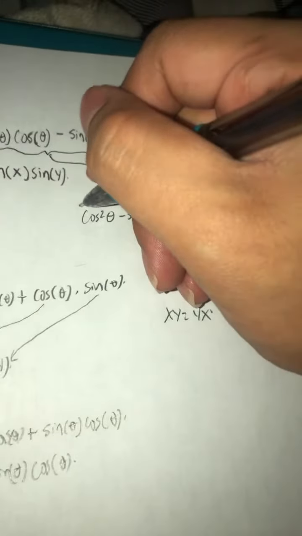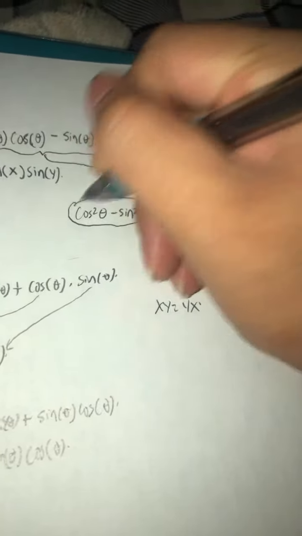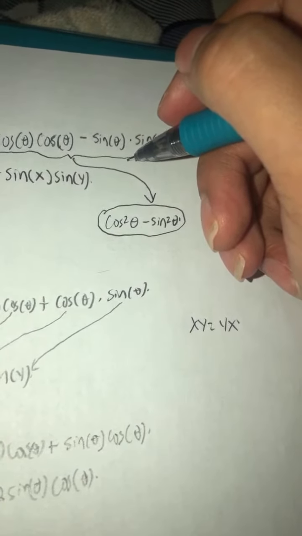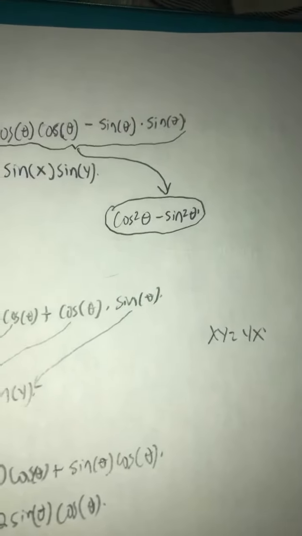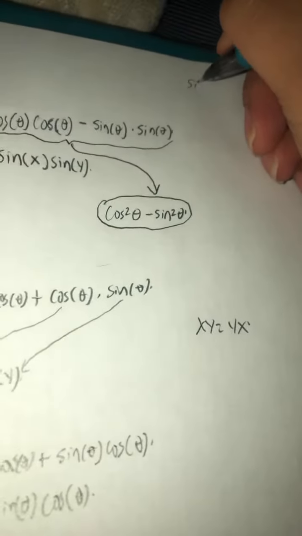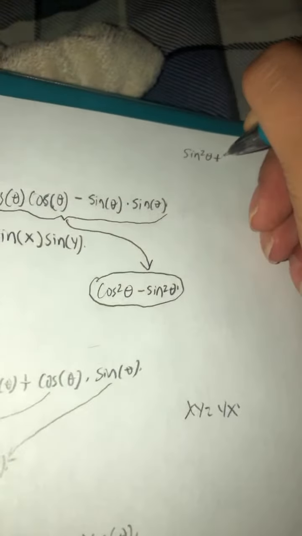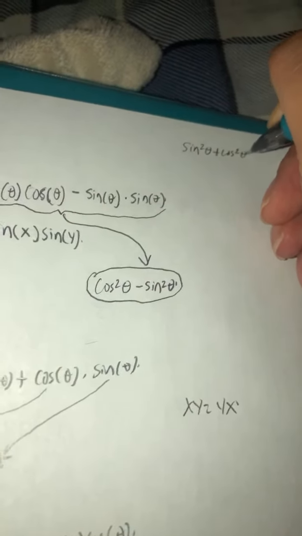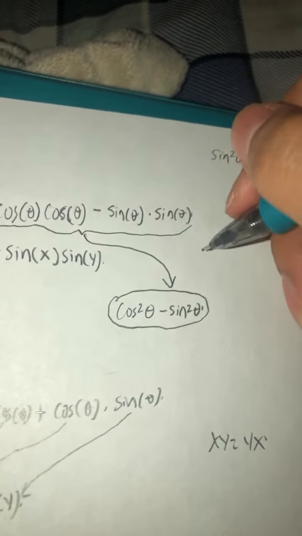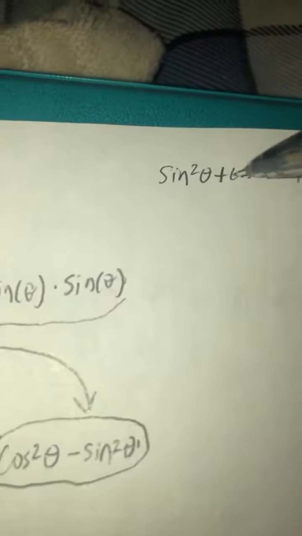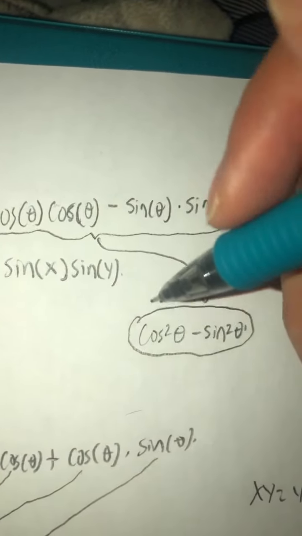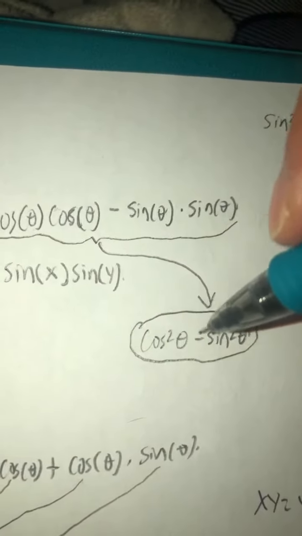Here's the thing about this one, okay? This is not equal to 1. There's a Pythagorean identity that says sine squared theta plus cosine squared theta equals 1. You cannot confuse these two, okay? This one is equal to 1. This one is something else. We cannot say that this is equal to 1.